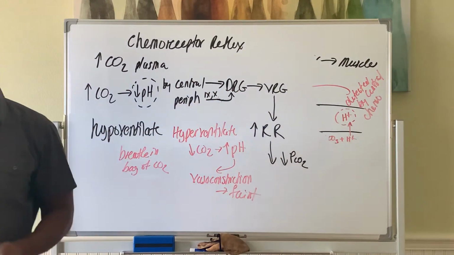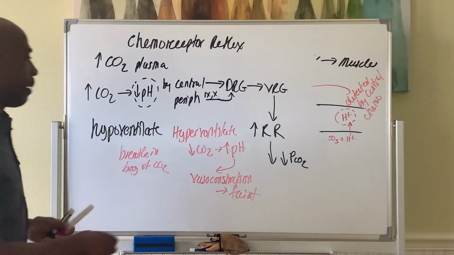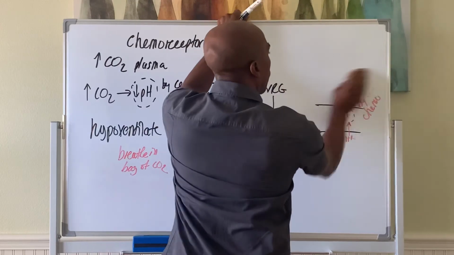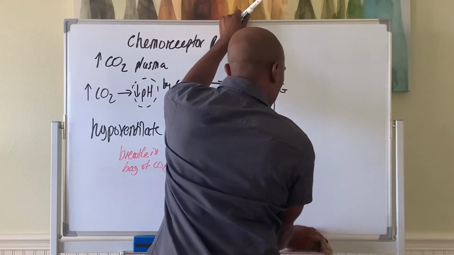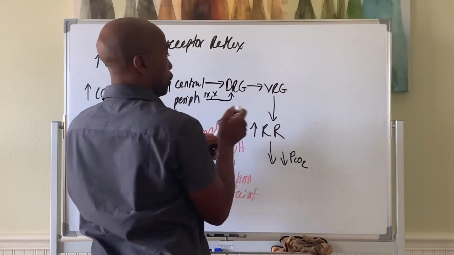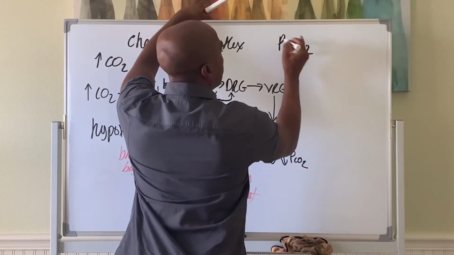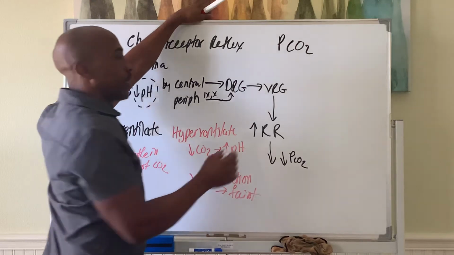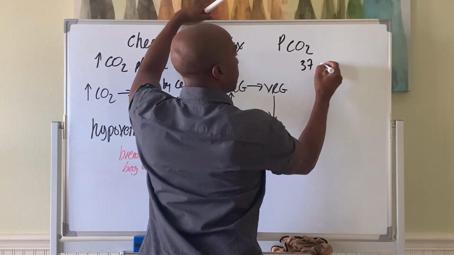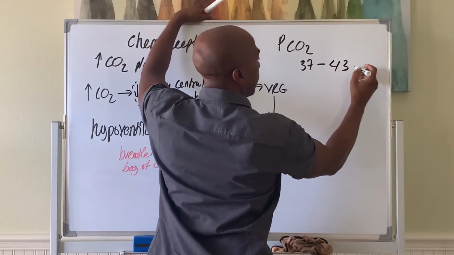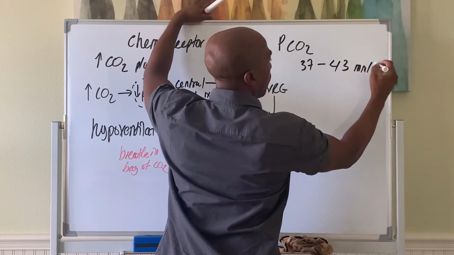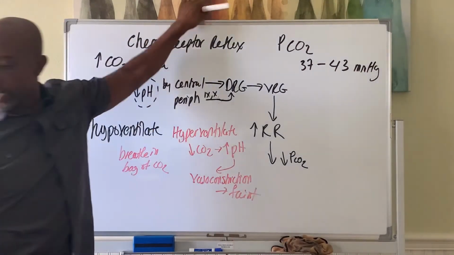Now some other comments about your levels of CO2. The normal PCO2 levels in the blood are normally between 37 to 43 millimeters of mercury. That's just normal CO2 levels.